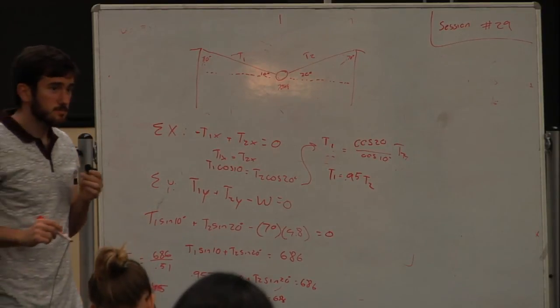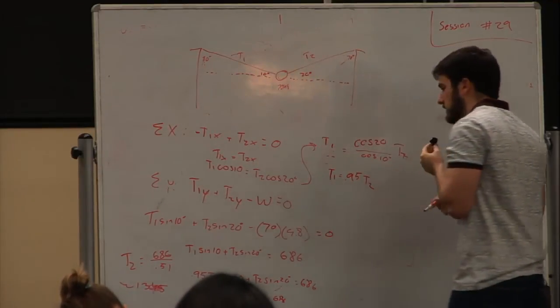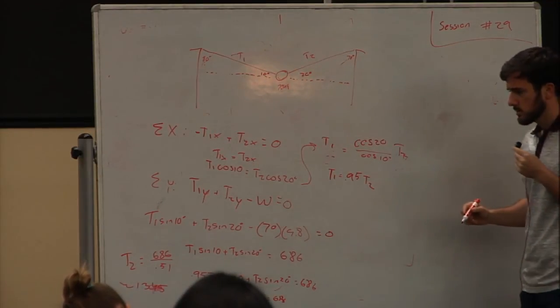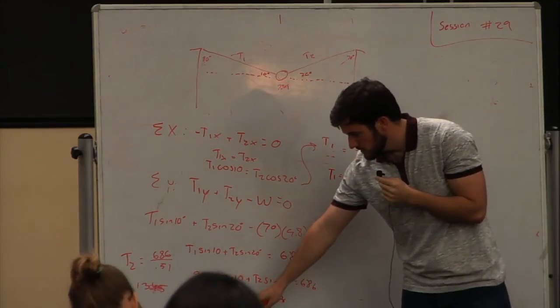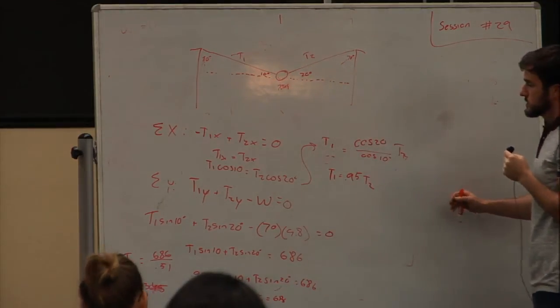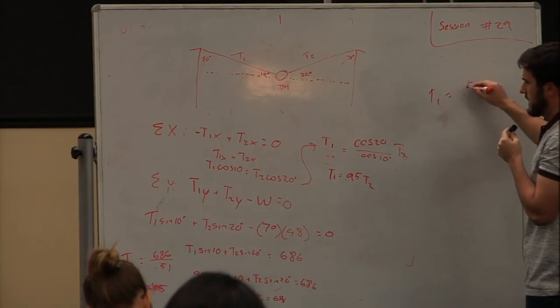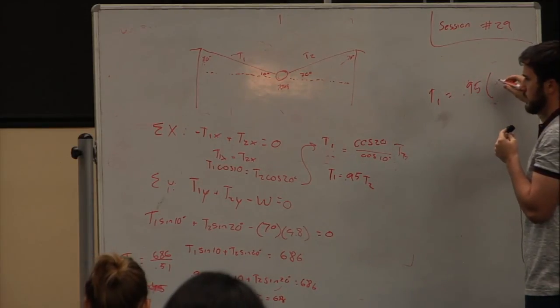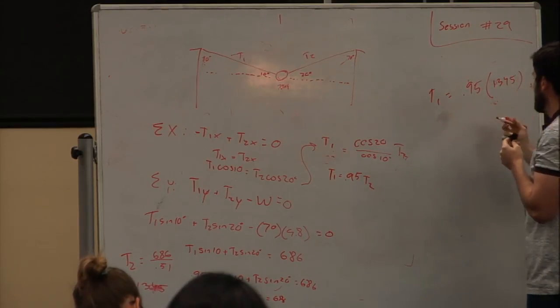Plug it into any of those equations that make sense. 0.51 T2, sorry, right here? So I'm just going to plug it back into this one. T1 is equal to 0.95 times what did we say our answer was? 1345? That would give us a little bit under 1,300. And that's how you solve for T1 and T2.